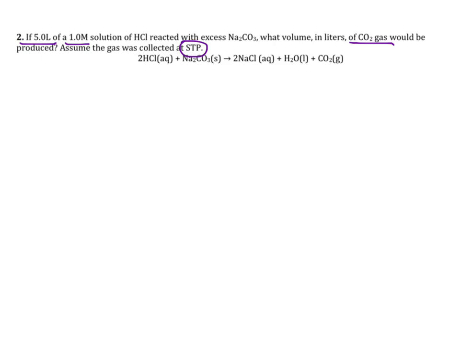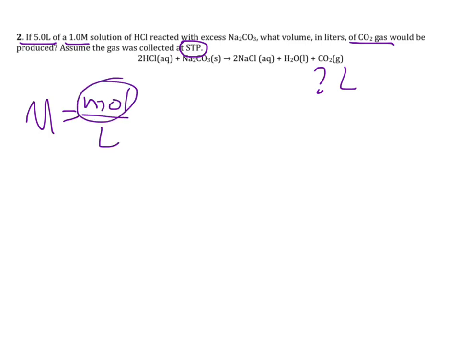So the first thing we need to do is take the molarity equation, which is equal to moles over liters. And what we're going to do is calculate moles of HCl.